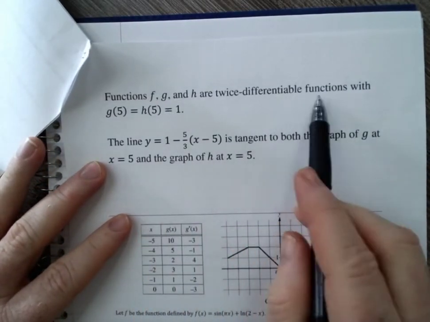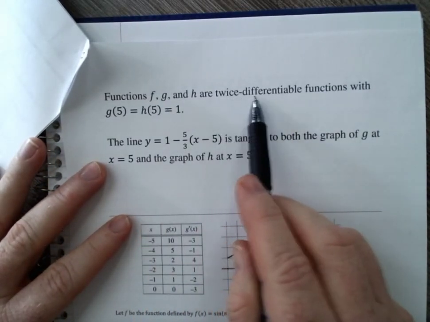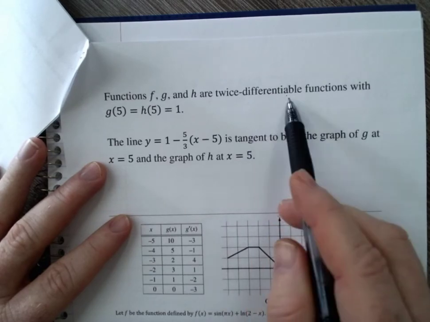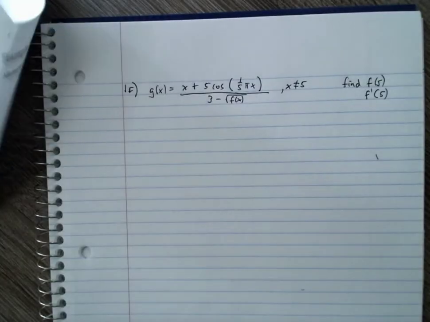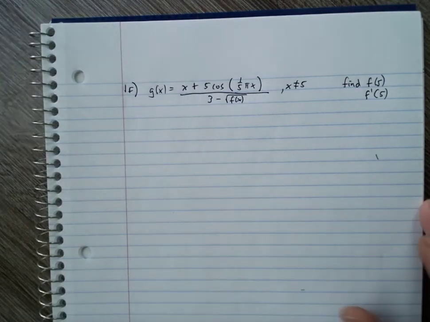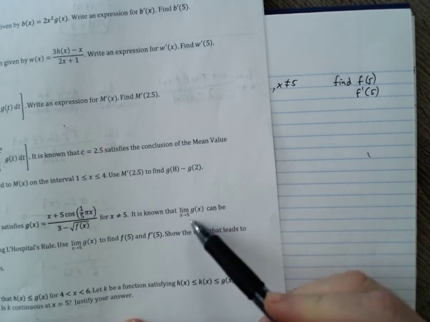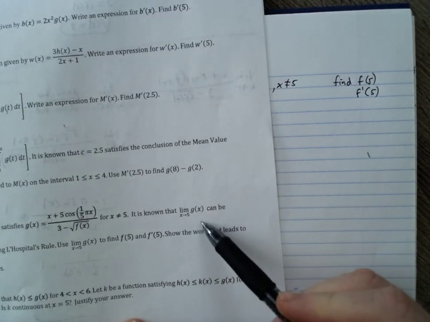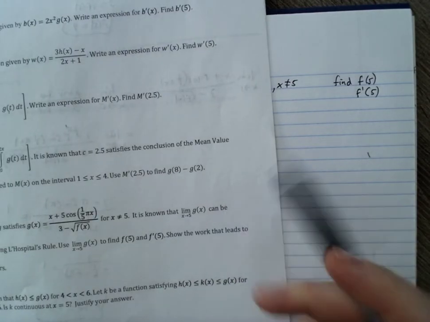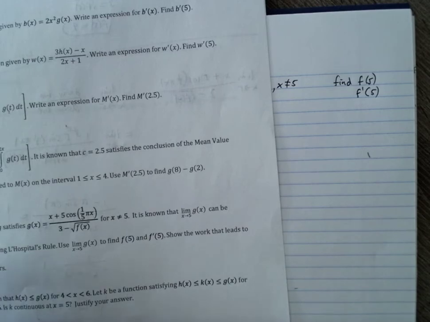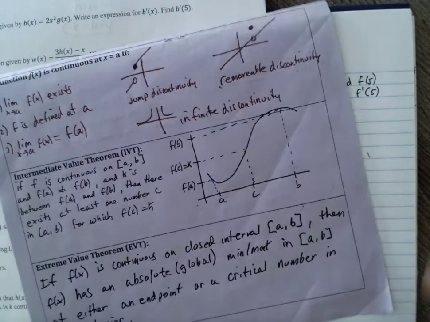g is twice differentiable. Remember, differentiability implies that it is continuous. So if g is differentiable, that means it is continuous. And if it's continuous, if you look back in your foldable, we have something on continuity right here.